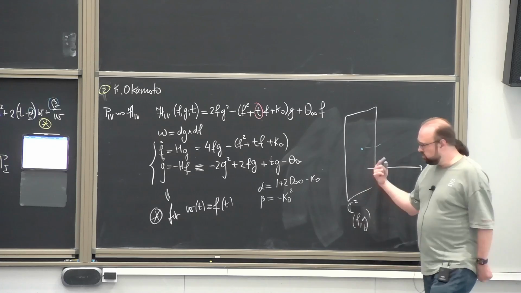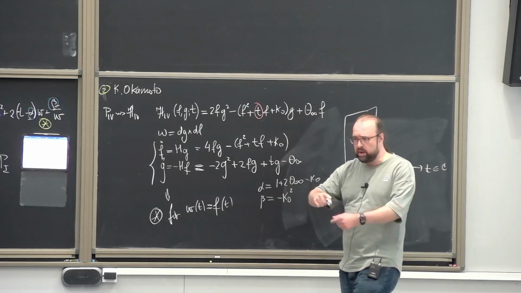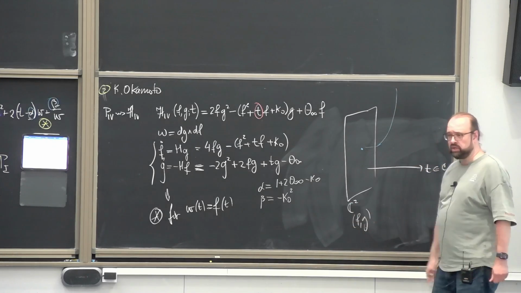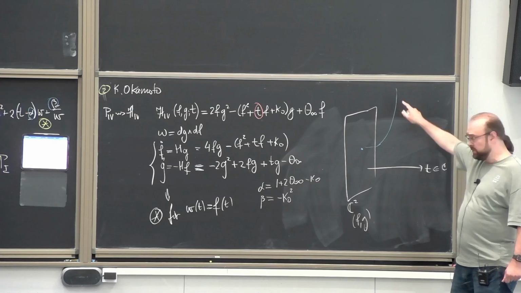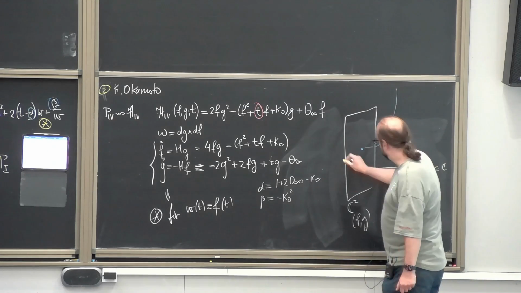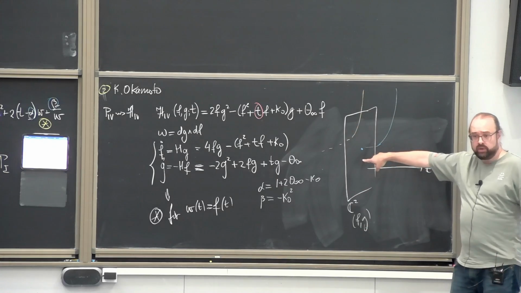Remember the type of singularities we're allowing for Painlevé equations. We're allowing poles. So what can happen is this solution can go away to infinity at some value of time. On the other hand, of course, some other solution can go away to infinity at another value of time.